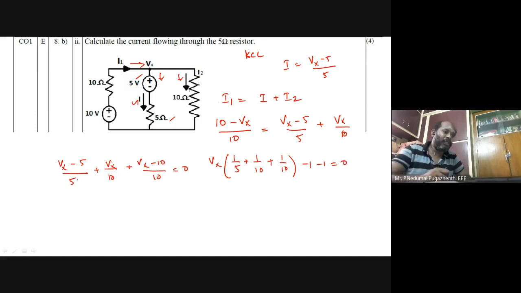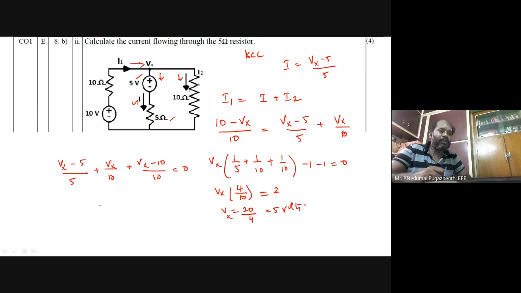This is minus 5 by 5, minus 10 by 10, minus 1 minus 1. If I solve this, I would get Vx into 4 by 10 is equal to 2. So Vx is equal to 20 by 4, which is equal to 5 volt.